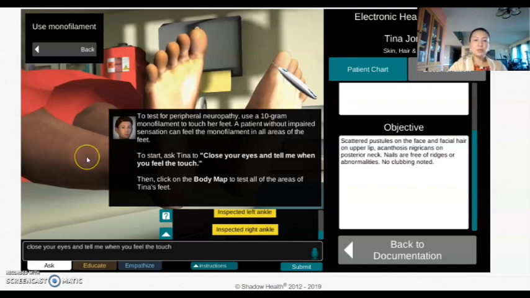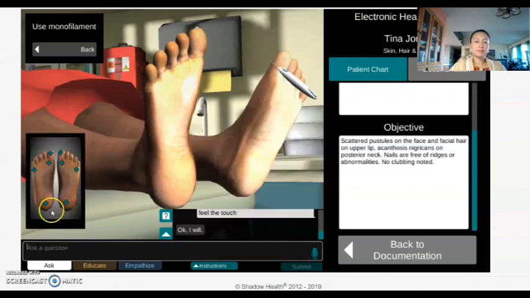And now I am going to test for any peripheral neuropathy, and I am going to use a 10-gram monofilament to touch Tina's feet. To start with, I am going to ask Tina to close her eyes and tell me when she feels the touch. Okay, I am going to touch the right great toe.